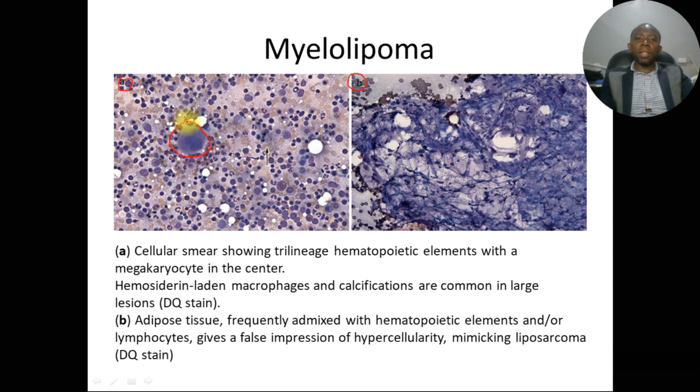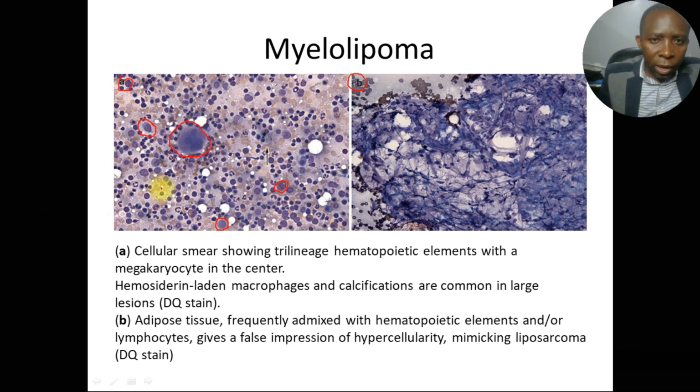And then we can have other megakaryocytes which are not as big as this, but there are other megakaryocytes that can also be identified here, though they may not be as big as this one, but all these megakaryocytes are very significant in diagnosis. We also have hemosiderin-laden macrophages, and calcifications are common in large lesions, and this appears in Diff-Quik.